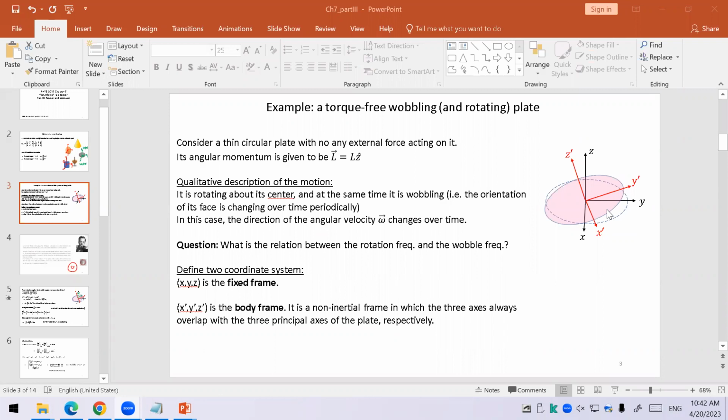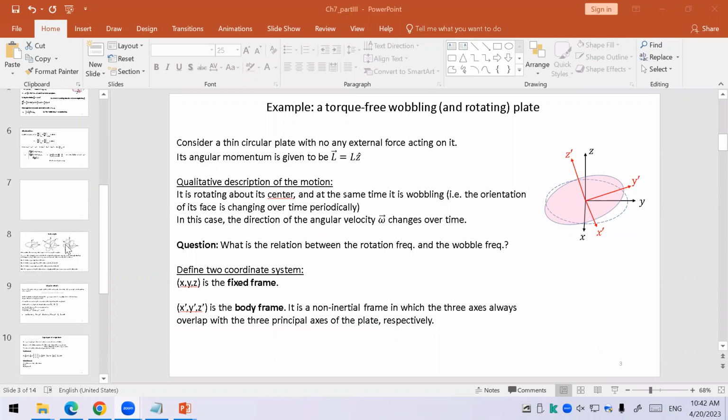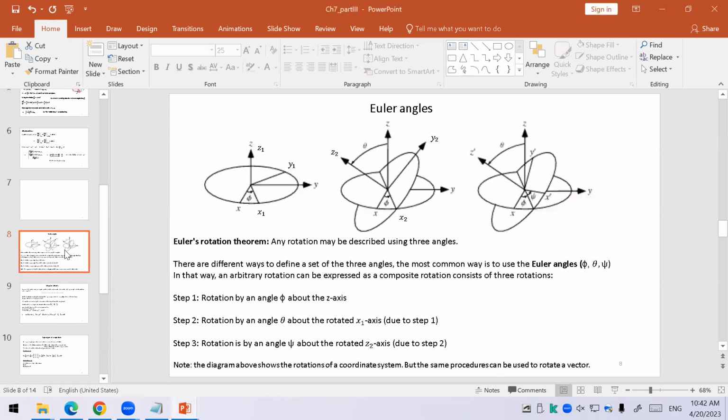It can be like this, it can be like this, right? So how do I describe that using angles? Okay. So then therefore I need to introduce the concept of the so-called Euler's angle.